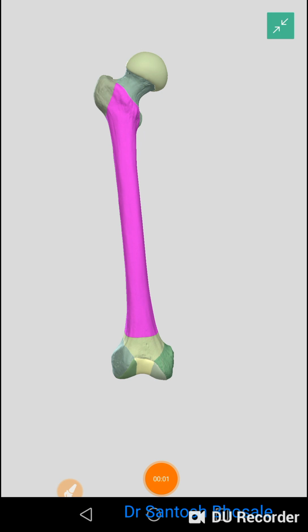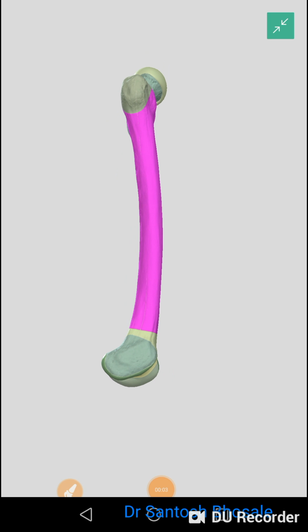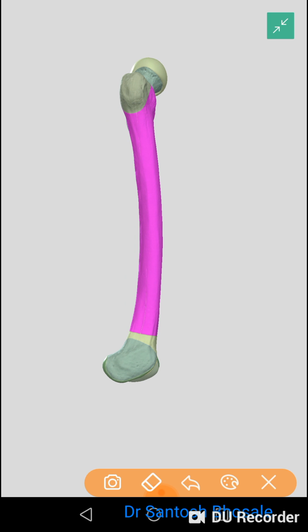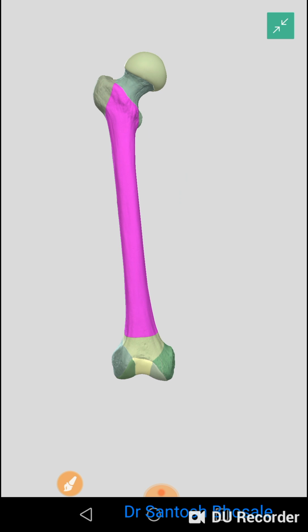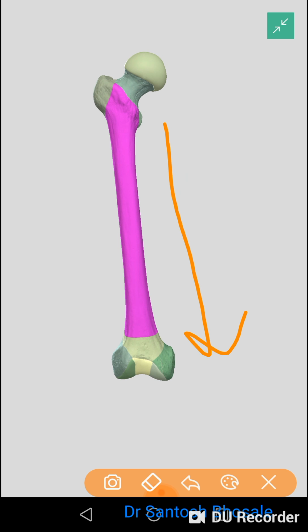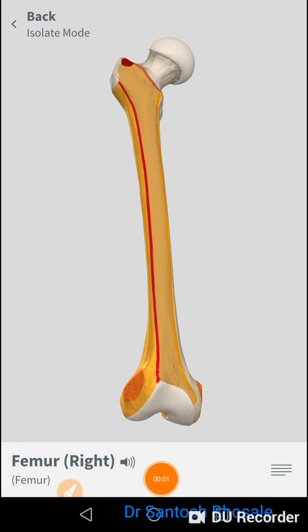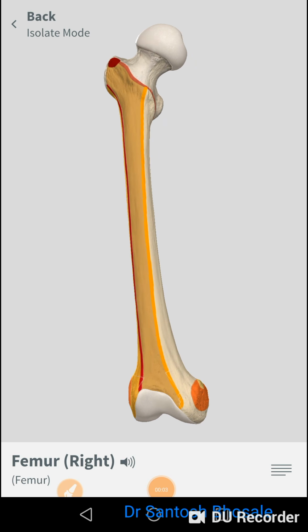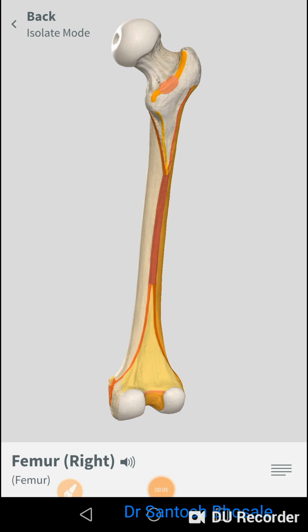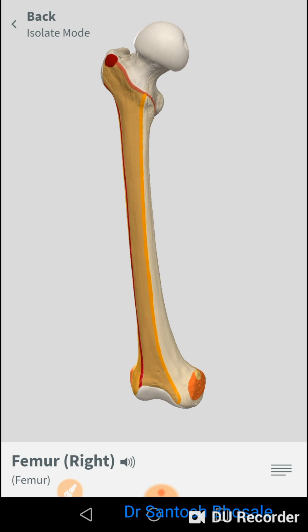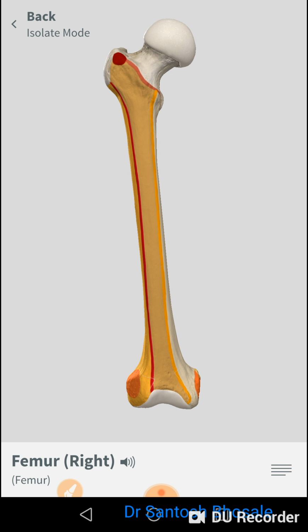Now coming to the shaft of the femur, which is convex forwards because of the pull of the thigh muscles, and you can see it is directed downwards and medially. The shaft is more or less cylindrical, and in the middle third it presents three borders that you can see here.